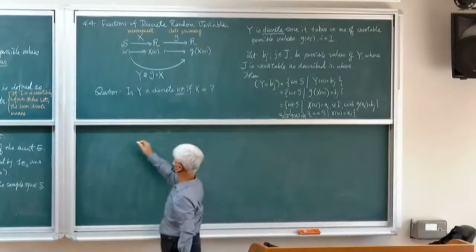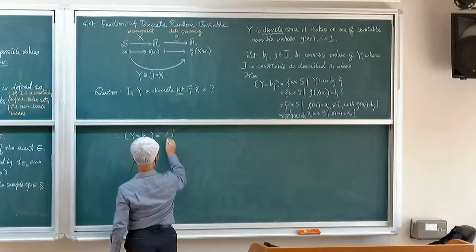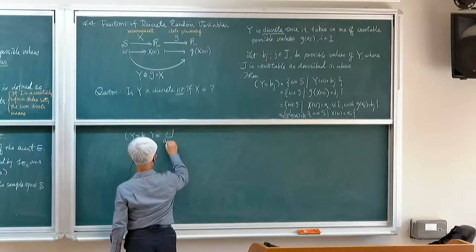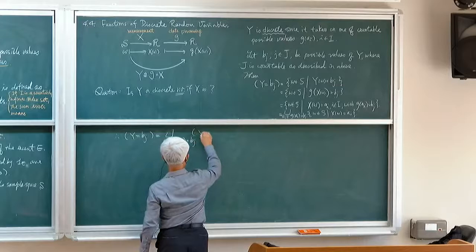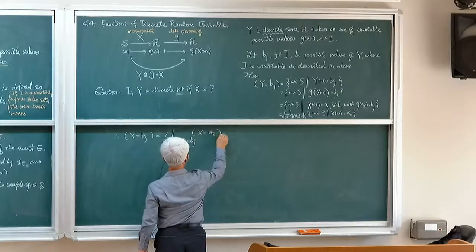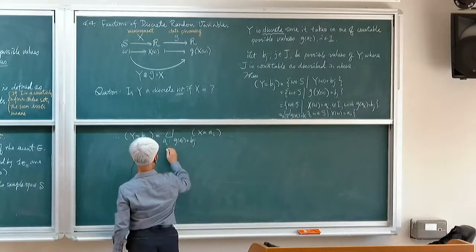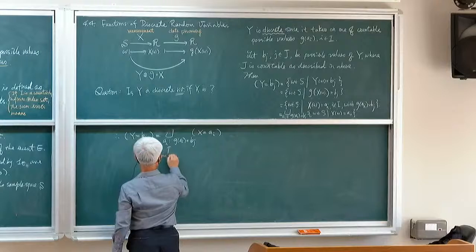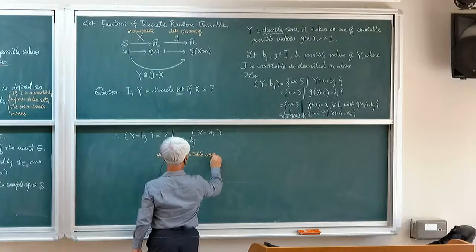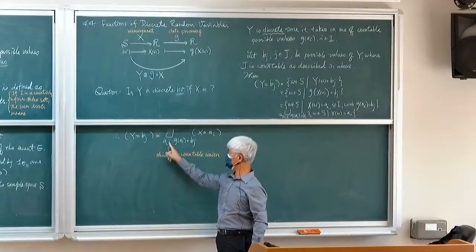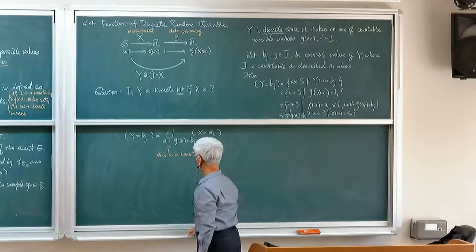And so y equal to b_j is the union of x equal to a_i such that g of a_i equal to b_j. And this is a countable union. Why? Because we have at most countably many a_i's here.